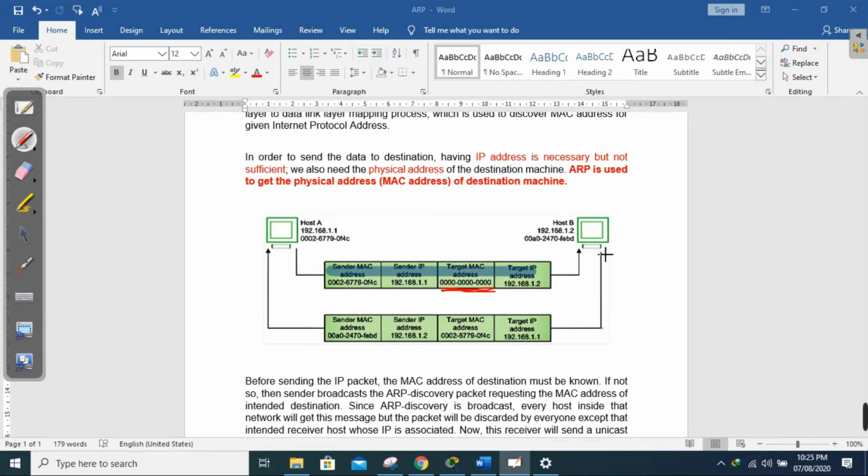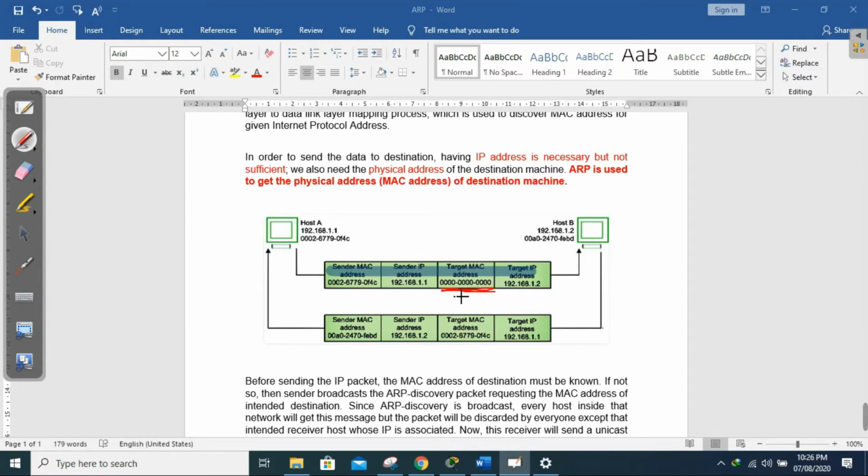We need the physical identification for that specific device. So when this packet is going to the destination, it only knows the IP address of that destination, but it does not know specifically the MAC address or physical address for that device. That's where ARP helps. ARP helps us to know that MAC address, and after that the transfer takes place.